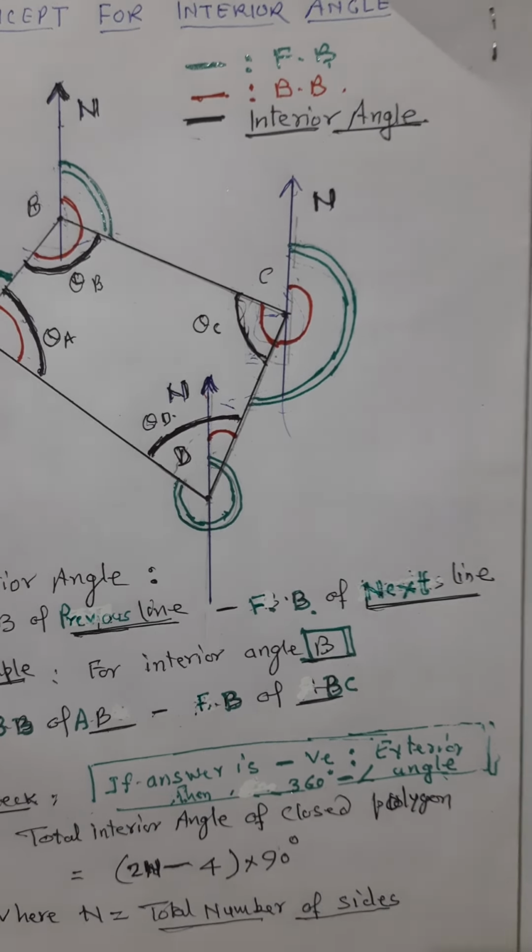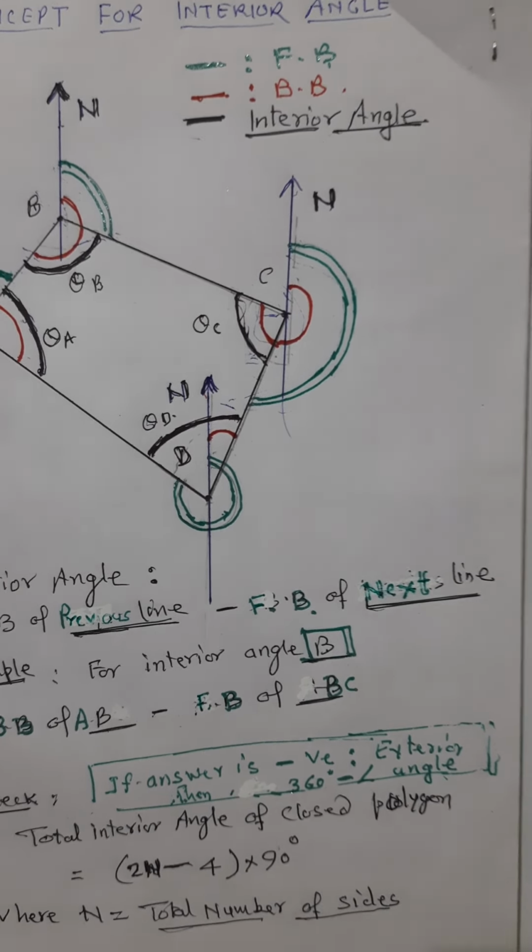Here again we can see the backsight of the previous line, and the foresight for this. The whole backsight of the previous line minus the foresight of the next line will give this angle, and we can call this the interior angle theta C. This way we can calculate all the angles.